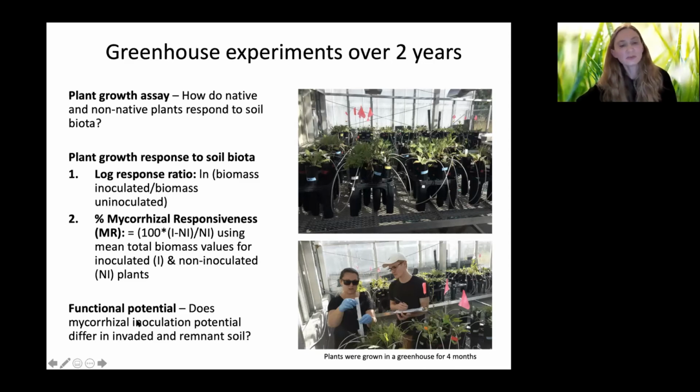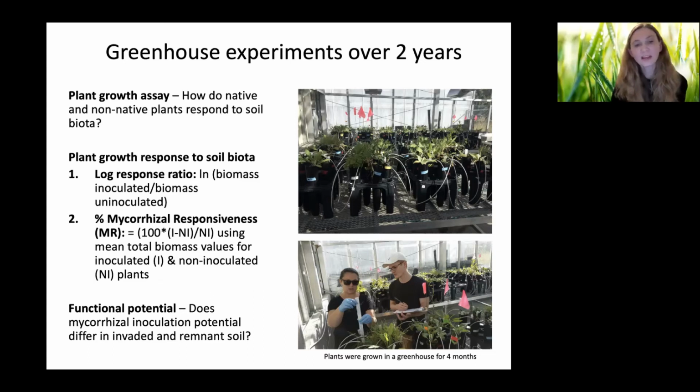And then we've also been doing some experiments looking at the functional potential of mycorrhizal fungi that have been collected from invaded and remnant soil. And the idea here is that at some point, what we'd like to do is create a database where we have a list of native and non-native plant species in the area, and then have some information about how well they respond to mycorrhizal fungi.